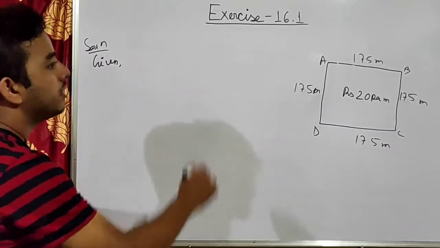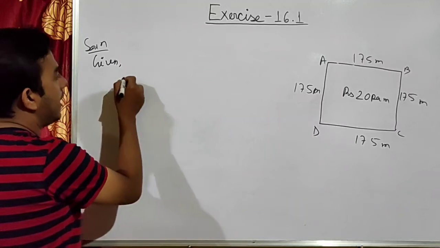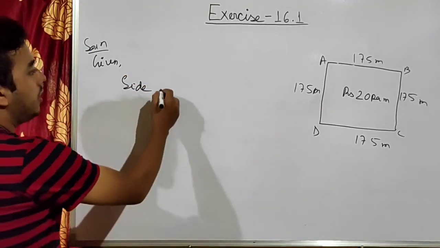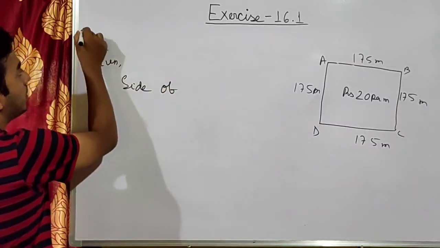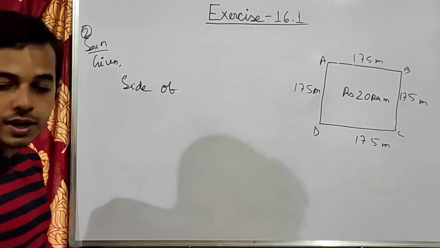Clear? What is given in the question? That is the side. This is our question number 2. Side of the square park. Let me write the question.